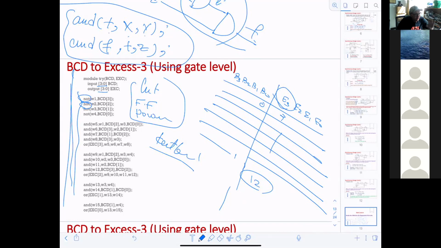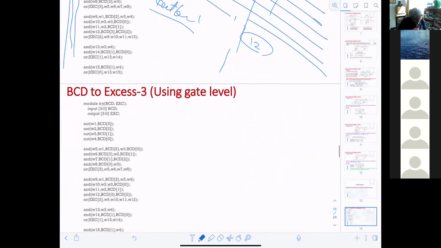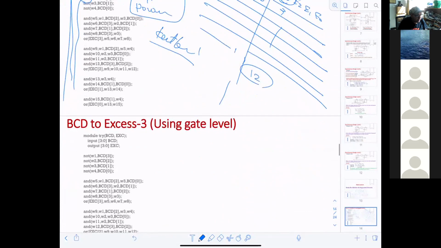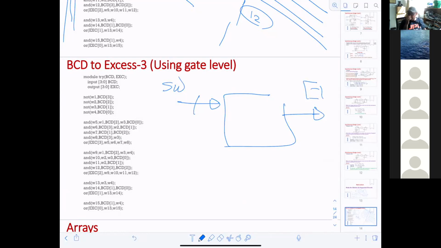Let's think, we are now in a designing mood. If I like to make my own circuit, which will have a switch, look at this. Here's a block. This block will have 4 inputs, which are switches, and those will go into the 7-segment display. Now we are playing with 7-segment display and LEDs.